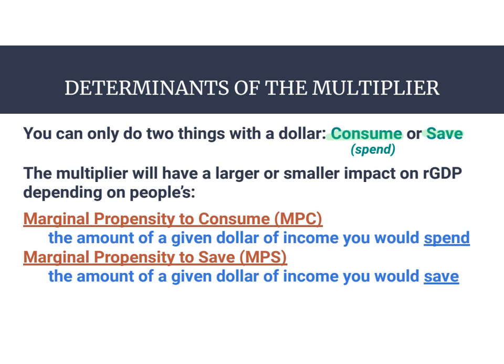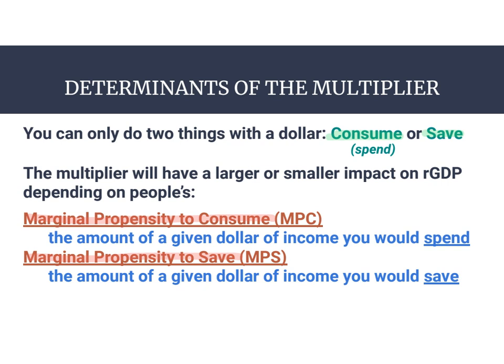And so what makes the determination of the multiplier effect? The multiplier will have a larger or a smaller impact on real GDP and total spending depending on 2 things: the marginal propensity to consume and the marginal propensity to save, also known as MPC and MPS. The marginal propensity to consume is the amount of a given dollar of income you would spend.